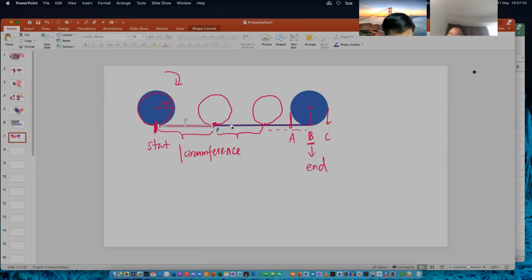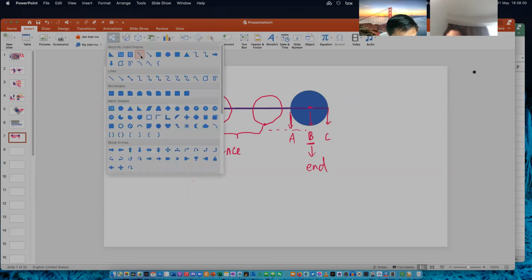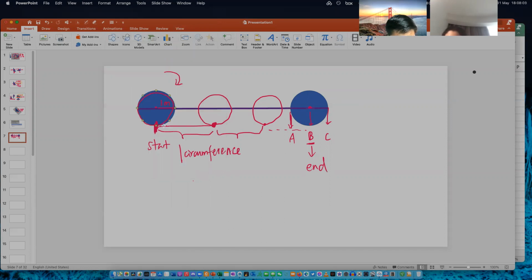Let's say normally they will give you this distance, end to end. The question will give you end to end, basically from one end to the other end.